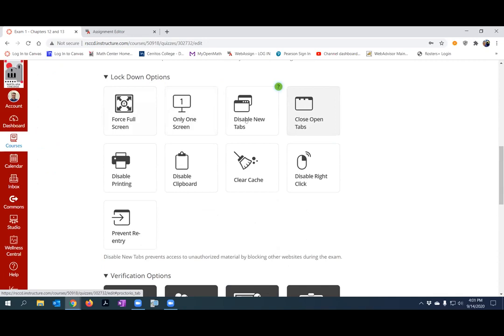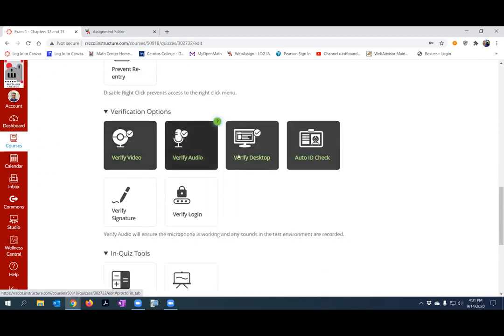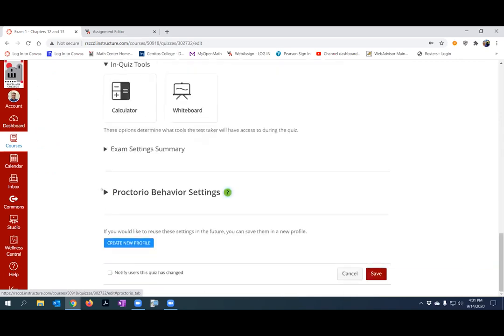I'm not disabling new tabs either. I'm not asking you to clear your cache. I am asking you to verify your video. I'm asking you to give me an auto ID check. That's going to ask you to verify using your driver's license or Santa Ana College ID.